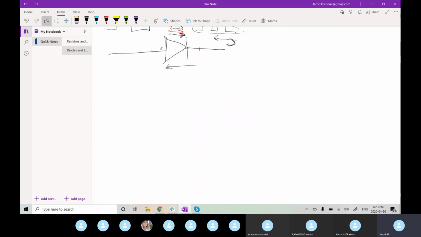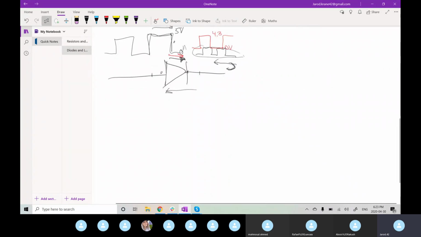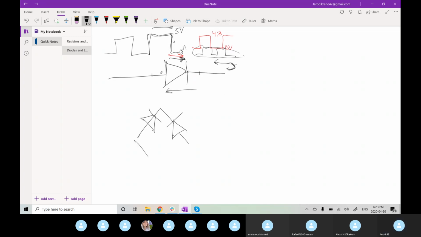One big use case of the diode is a rectifier. That is where you have 4 diodes. Did I do that correctly?